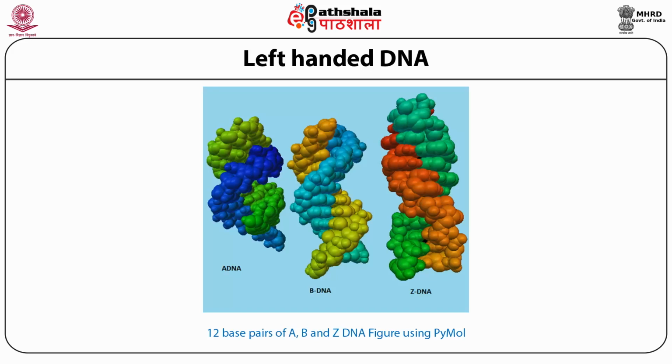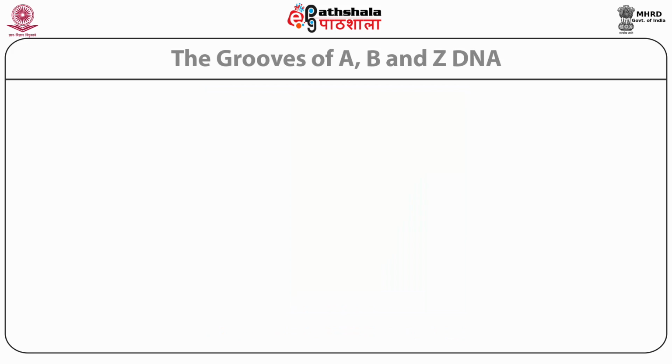The structures are drawn with the 5-mole software. In Z-DNA, the backbone, shown in red color, goes to the left direction. In B-DNA, it goes in the right direction. So also A-DNA, the blue backbones in A and B form are going towards the right hand direction.